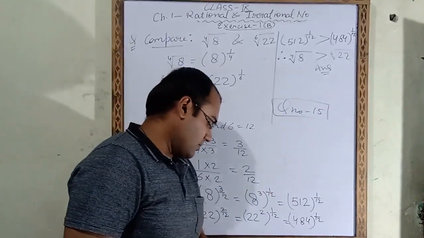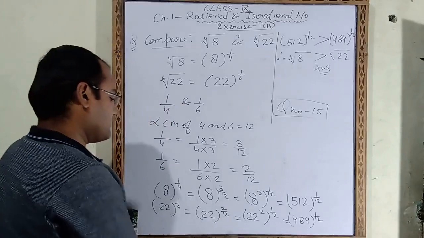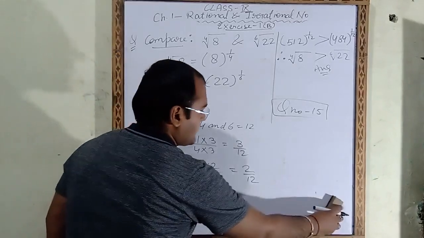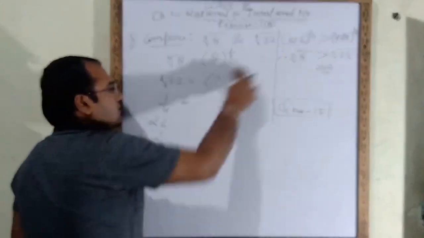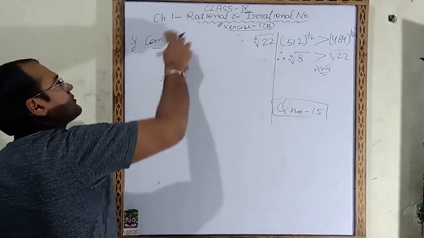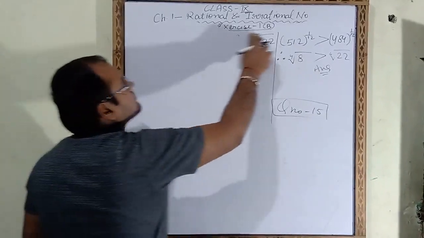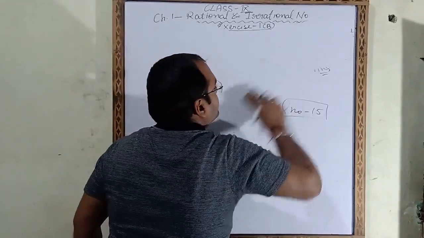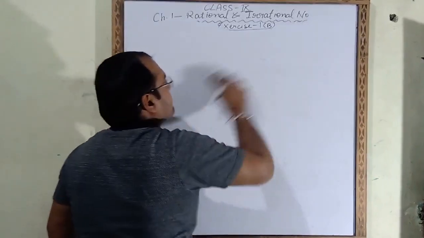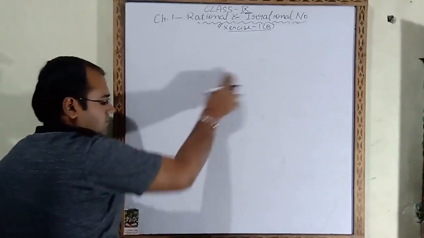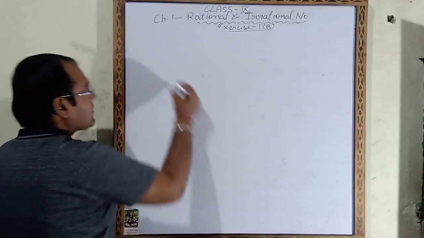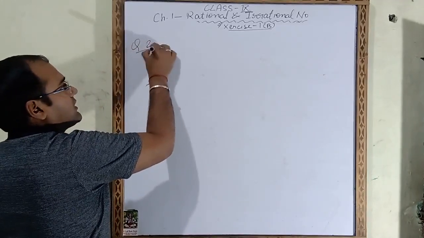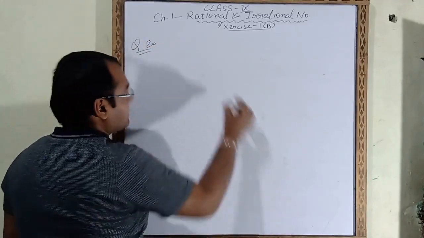Now come to question number 20 of your textbook. Question number 20. The question is simplify.